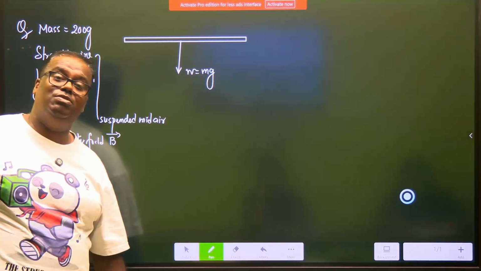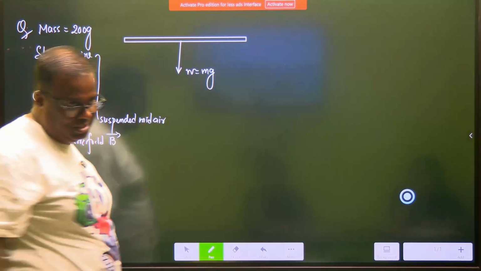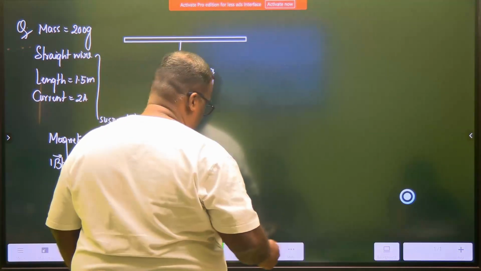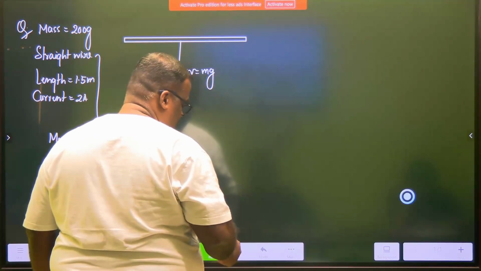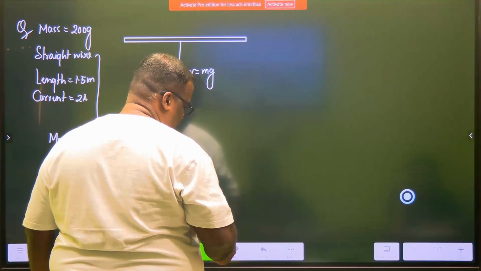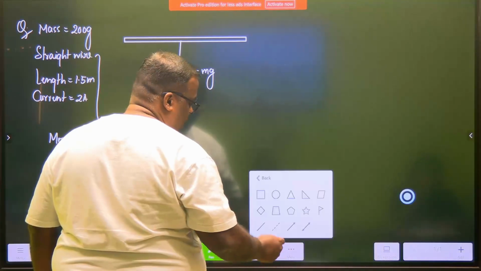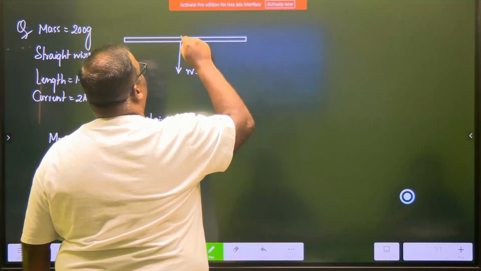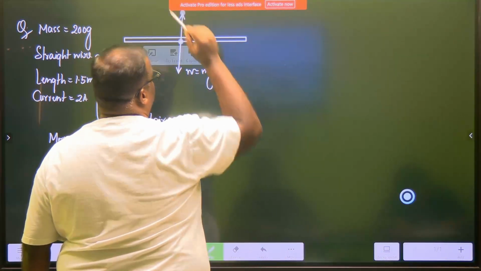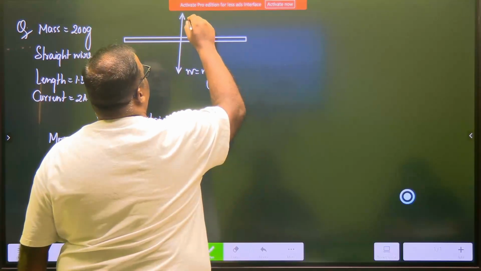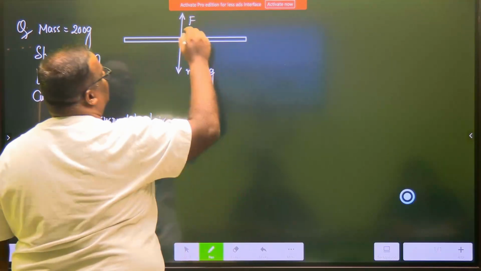So which side must the magnetic force be working? Right opposite. Agreed. Due to that magnetic field, there should be a magnetic force, and that magnetic force must be working right opposite, on this side. So this is, say, F magnetic, right?